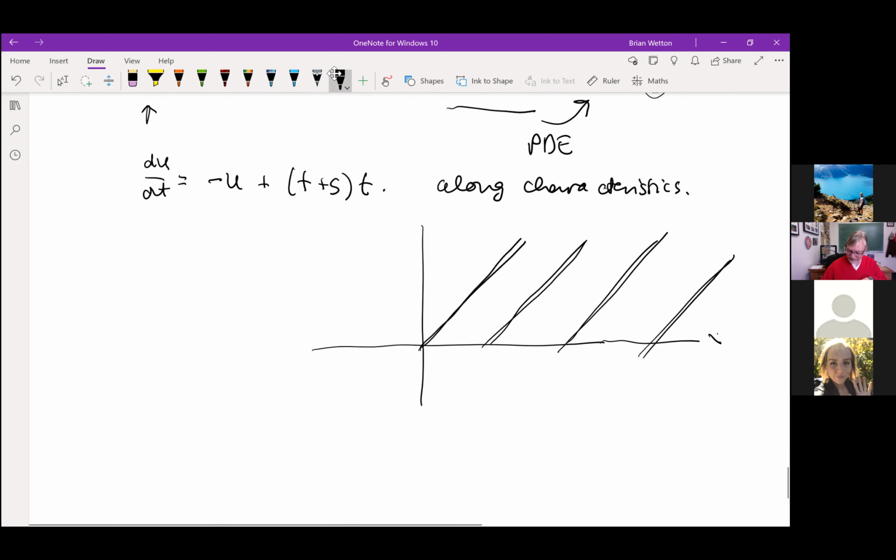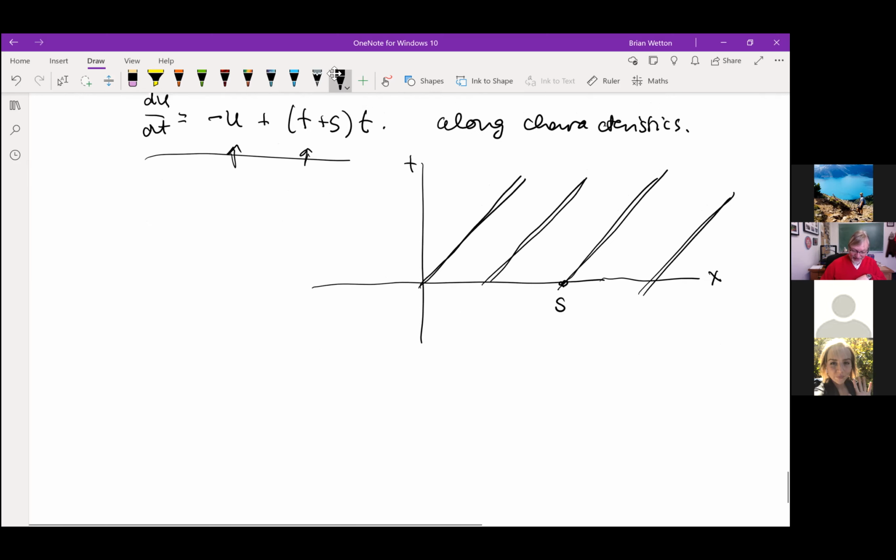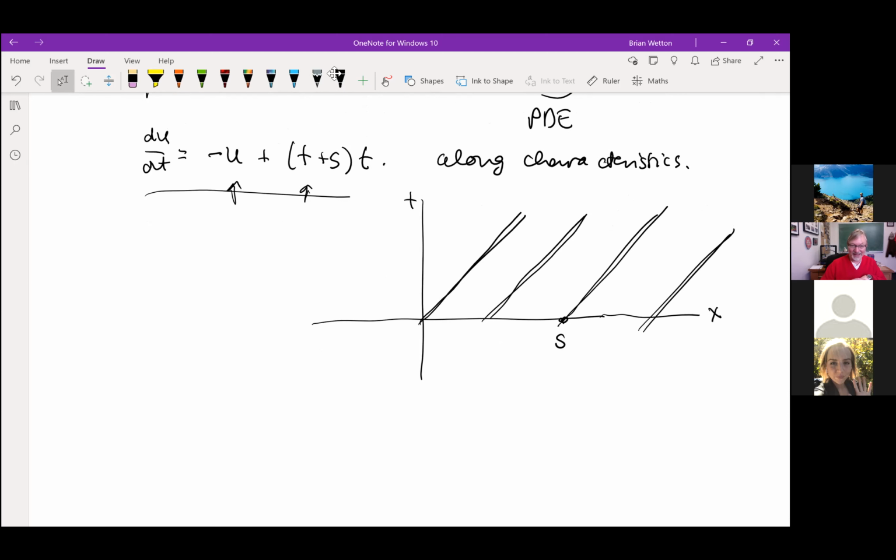But now u's not constant. It's decaying exponentially with some forcing, right? And this is one of those linear equations that we studied before. And so I can just write down the solution.